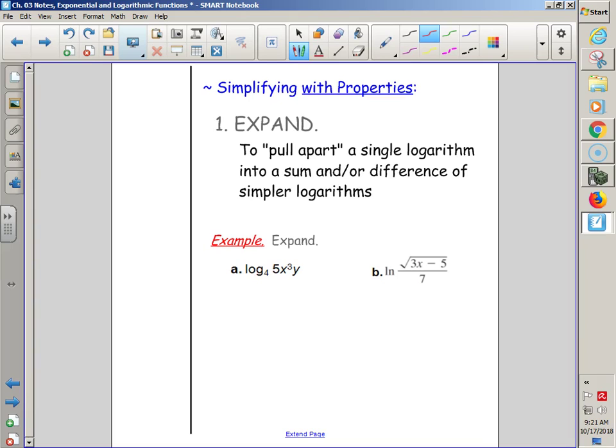Okay, England's political climate right now, maybe that helps. Not that ours is much better, but condensed, all coming together under one logarithm, expanded, being split apart legally under multiple.